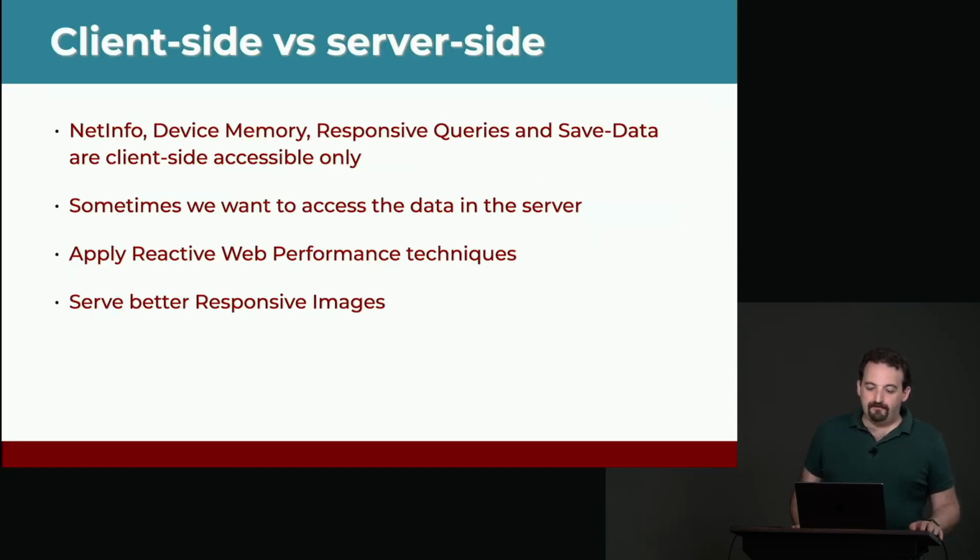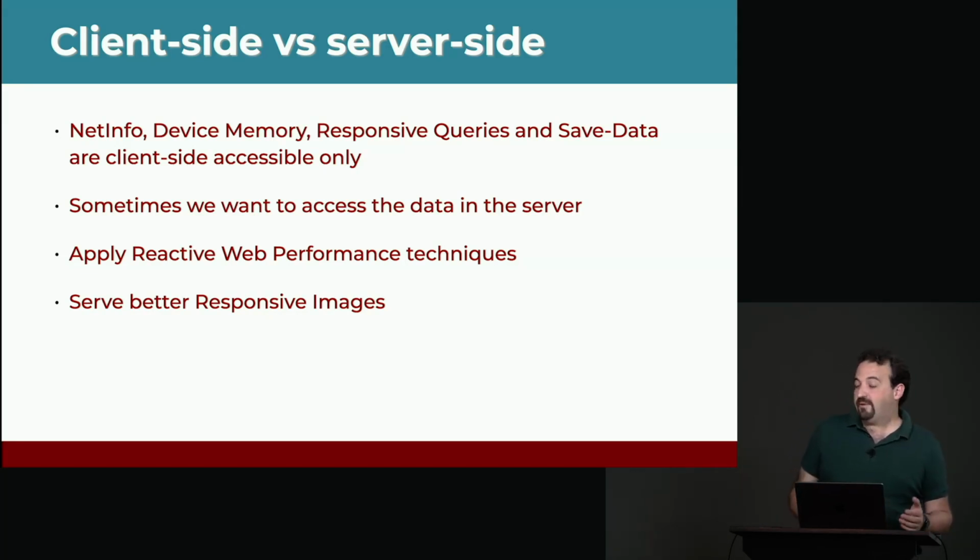So just as a summary of this part of APIs, we can use all the APIs that I mentioned, and there are more. I'm just giving you a quick rough idea to apply these reactive web performance techniques to serve better responsive images. To know, okay, the current device has a device pixel ratio, that's the resolution, of 4. So it's 4 times the resolution of a classic standard display.